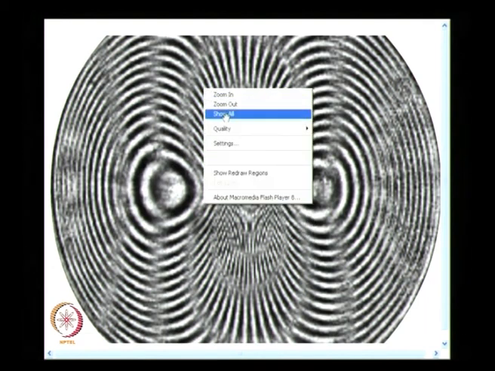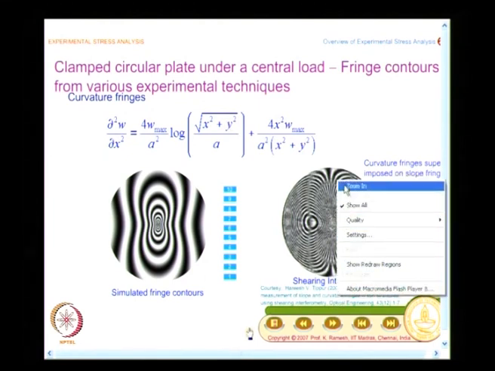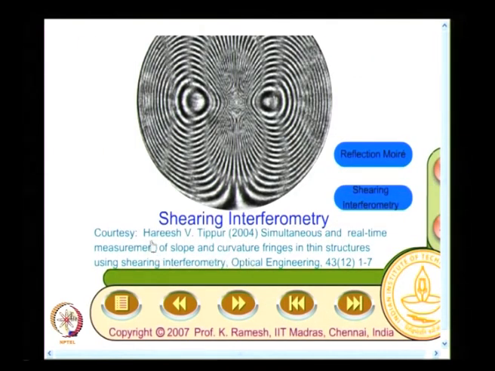Here I get curvature information, and though it looks a little dull, the advantage is that the optical arrangement used gives both slope and curvature information in one shot. That is where the optical people work. This is again the work from Professor Tippur, and this is from Optical Engineering. So, you can get more information on this from reading a paper like this.